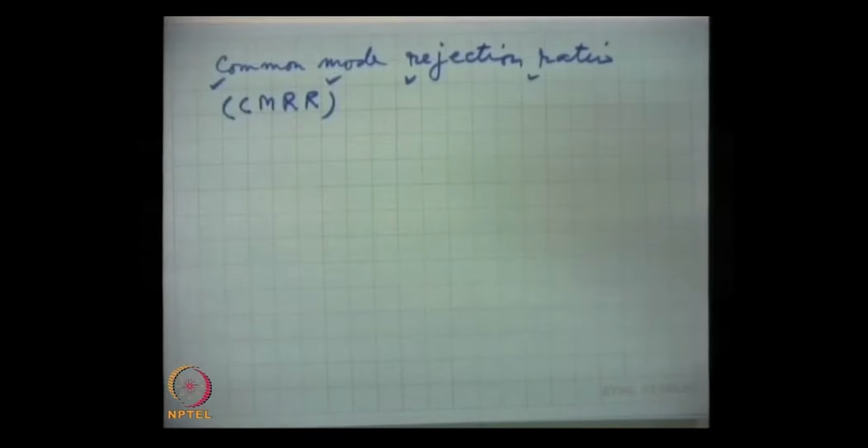CMRR is a parameter which is a measure of the ability of the differential amplifier, stating to what extent the signal common to both inputs is absent in the output.